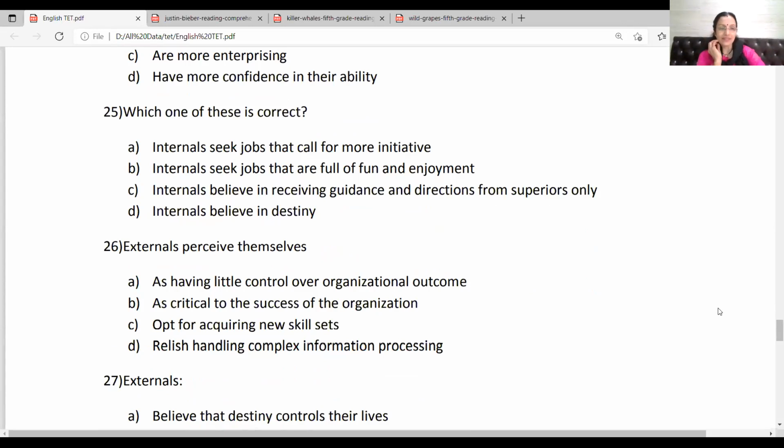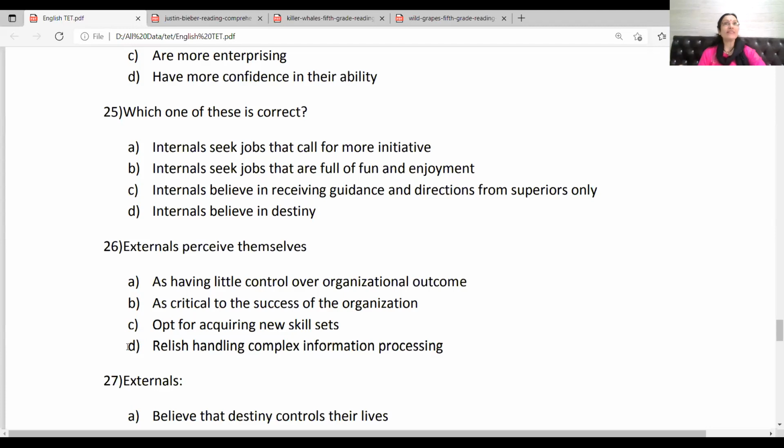A. Which are the sentences that don't suit externals at all? They're fit for internals. C and D are meant for internals.